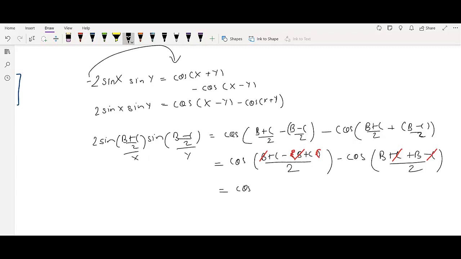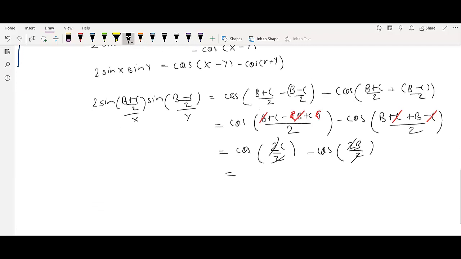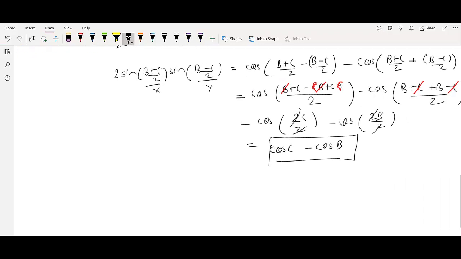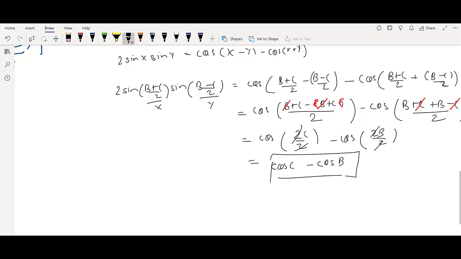This gives me cos of c plus c is 2c by 2 minus cos of b plus b is 2b by 2. The 2's cancel out, so this gives me cos of c minus cos of b. So this term in the numerator, 2 sine b plus c by 2 sine b minus c by 2, ultimately equals cos c minus cos b.